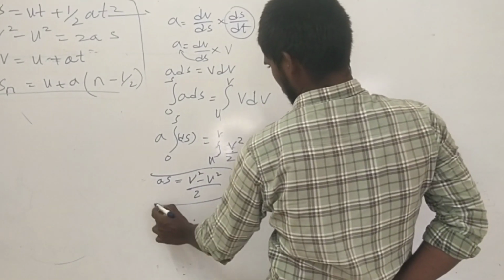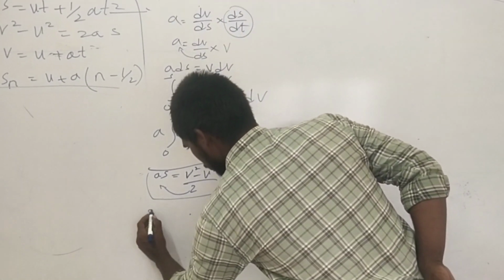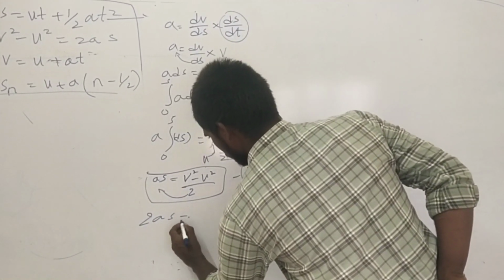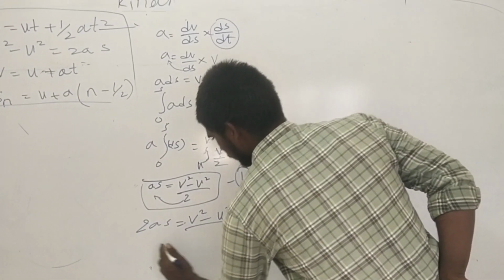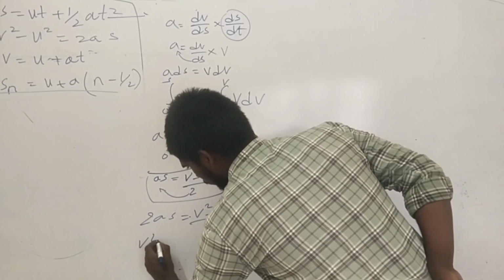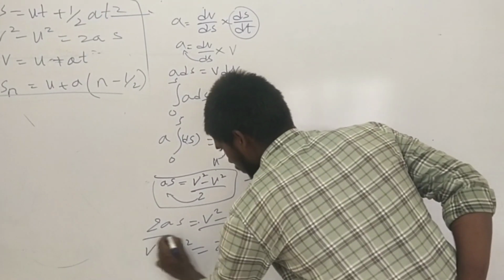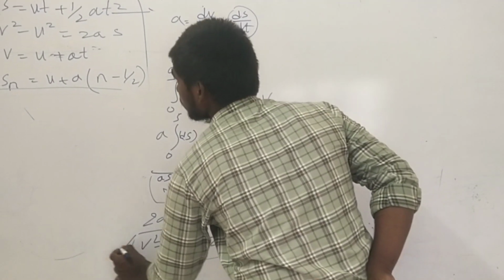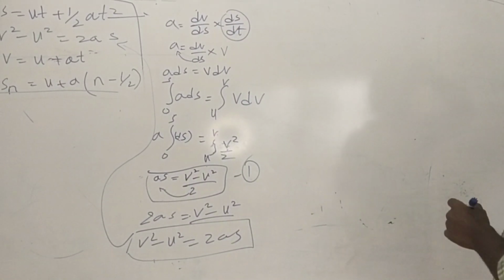If you simplify this, 2 will come to this side. 2as is equal to v square minus u square, so v square minus u square is equal to 2as. This is the second formula.